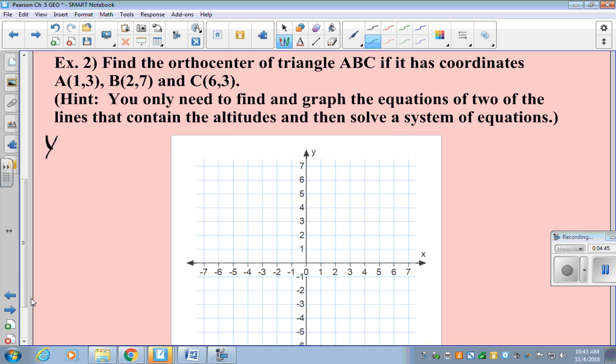I'm going to write it down because this is super important so that you can answer this correctly on your test.